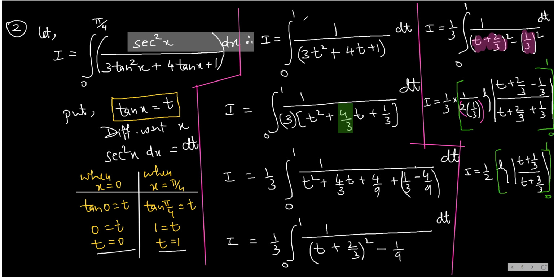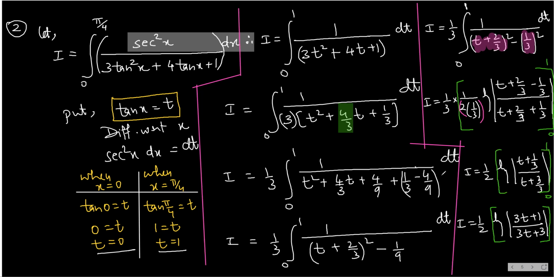I can write one more step: 1 by 2 log of, I take LCM in the numerator, so (3t plus 1) by 3, and here I get (3t plus 3) by 3. Then that 3 cancels in the denominator.